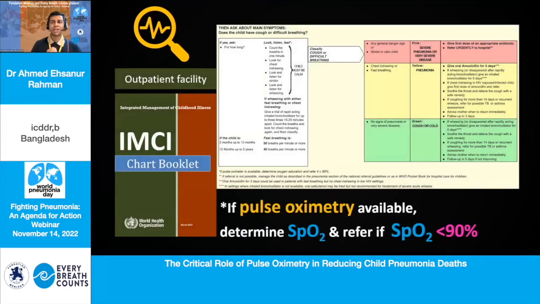Acknowledging this, WHO, in the Integrated Management of Childhood Illness guideline, which is used in most low and middle income countries for outpatient management of pneumonia, has recommended that if you have pulse oximetry available, assess the oxygen saturation. If you find it is less than 90, refer them, treat them.